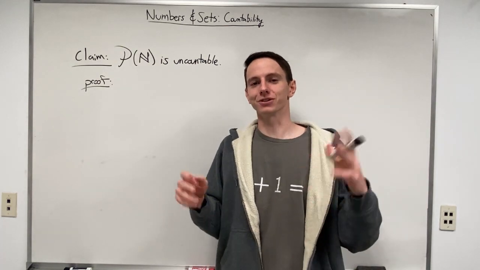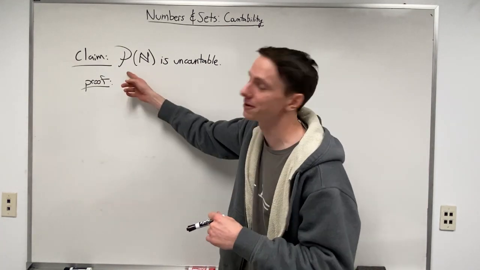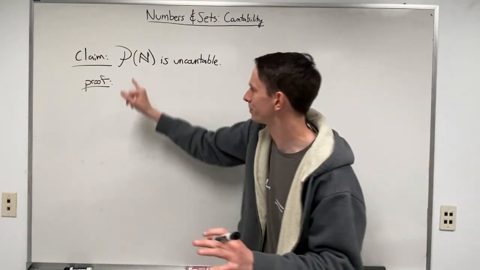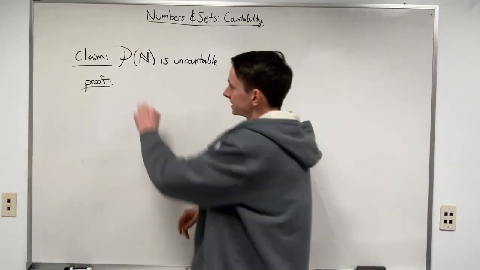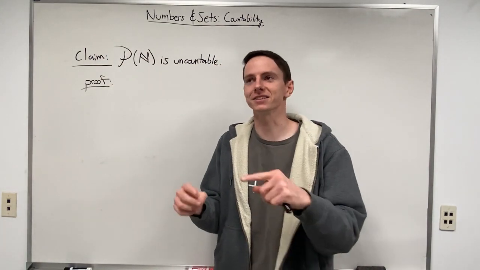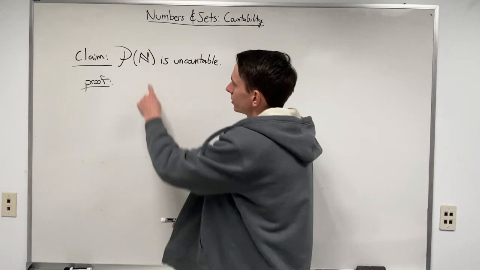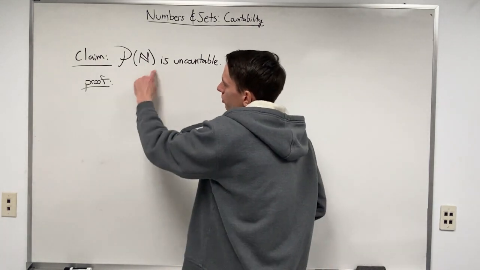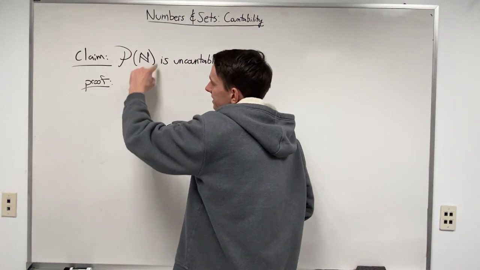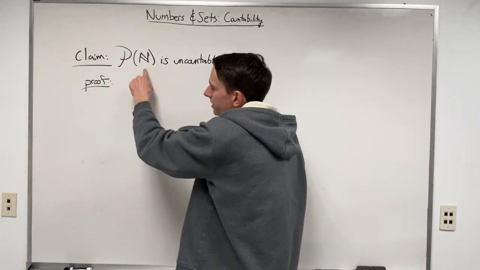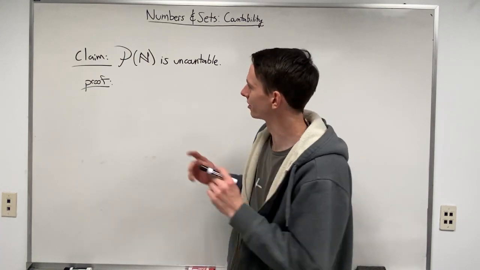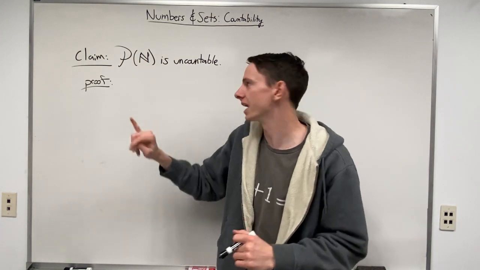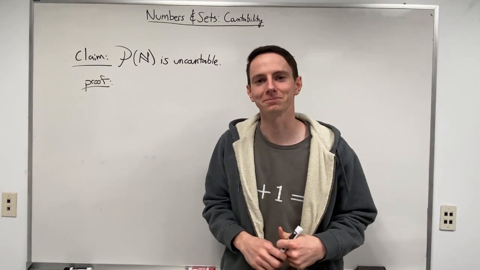To refresh our memory, the power set of a set is itself a set that is the set of all subsets of whatever the input is. So this corresponds to the set of all subsets of the natural numbers, and we want to show that the power set of a countably infinite set is uncountably infinite.